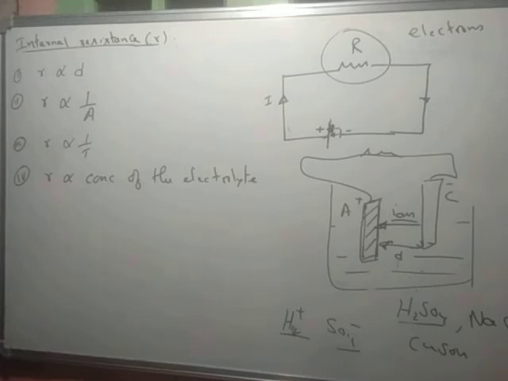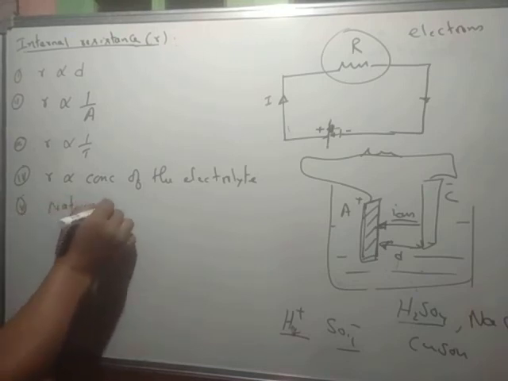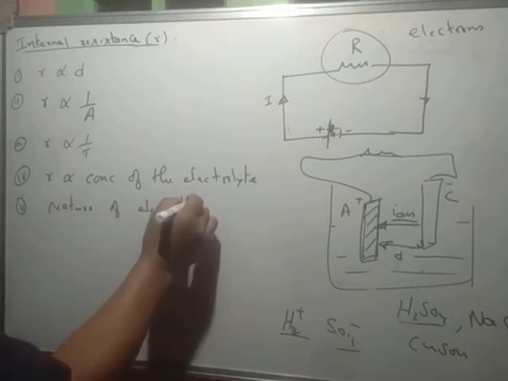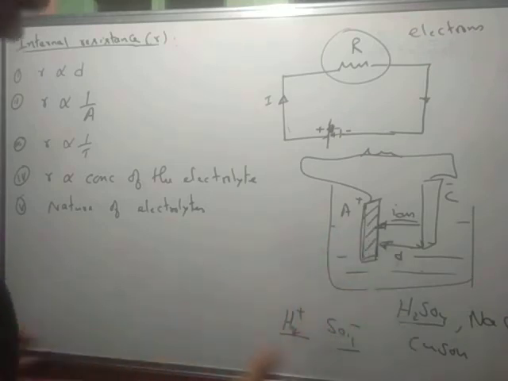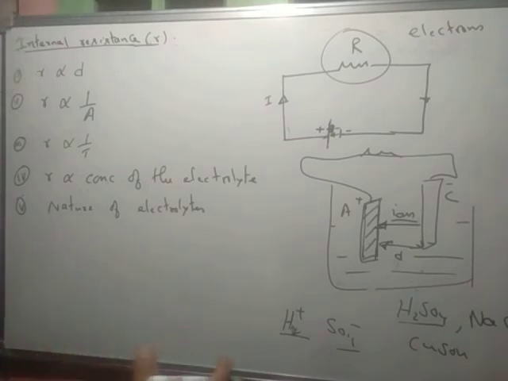All right. The fifth factor that determines the internal resistance of a cell is the nature of the electrolyte. As I told you, we have many types of electrolytes which dissociate into positive and negative ions under the passing of electric current.